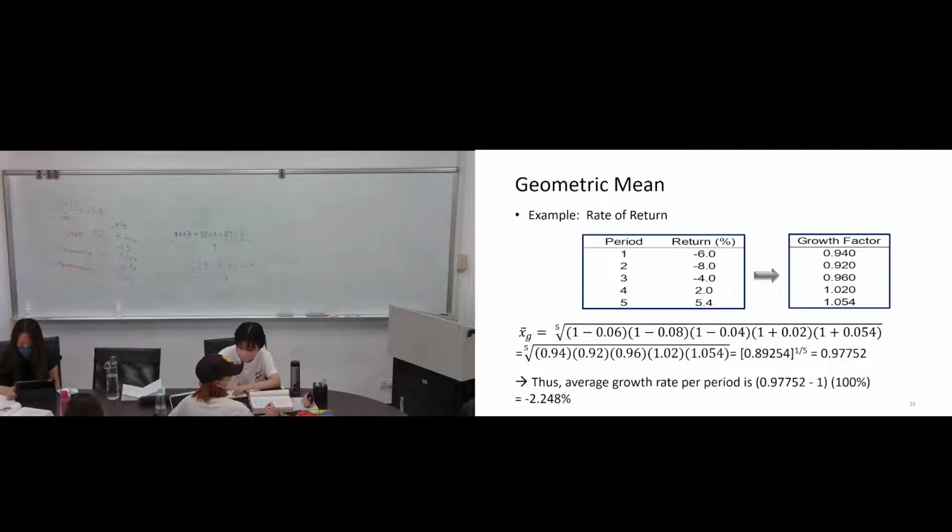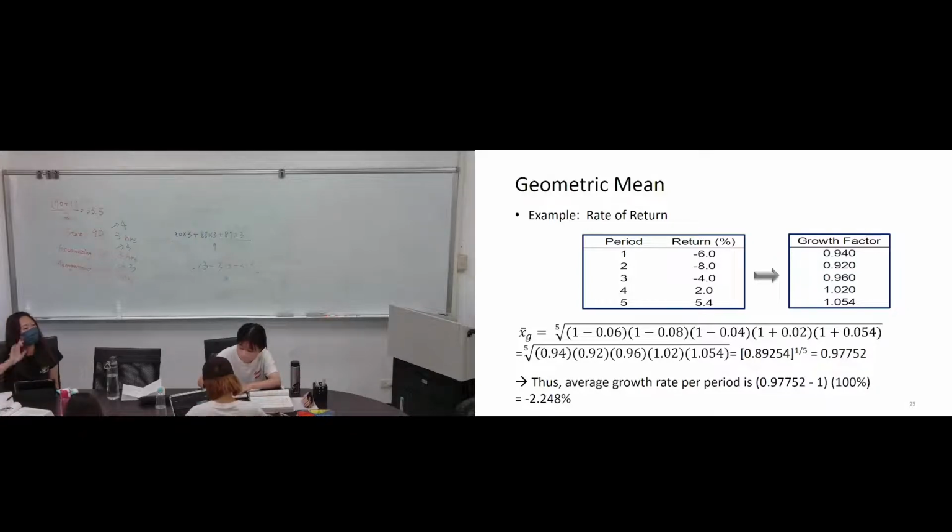That makes the growth factor 0.96. Period 4, rate of return is 2%. The growth factor is 1.02. Period 5, rate of return is 5.4%. The growth factor is 1.054. And then we multiply the 5 growth factors together, and then take the 5th root.